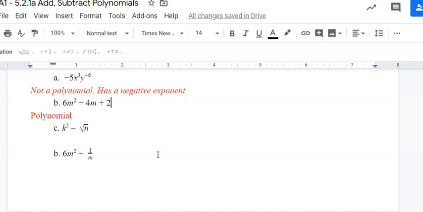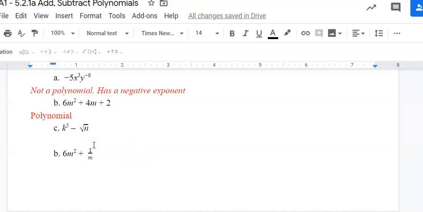Now C has k to the 5th, and that's fine. You have a variable k with an exponent of 5. 5 is not negative, minus the square root of n. Well, here's the problem. We cannot have a square root in a polynomial unless it's the square root of a number, which would be okay because the square root of a number is just a number. But if it's a square root of a variable, that's telling you your exponent is really a fraction.